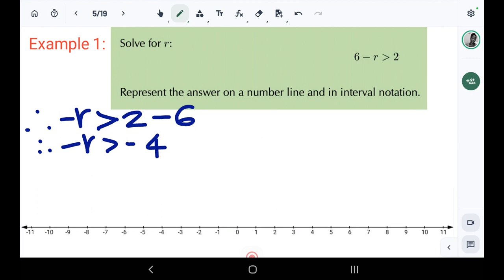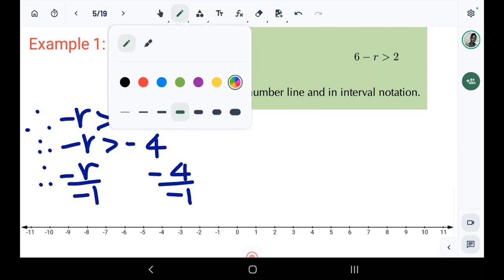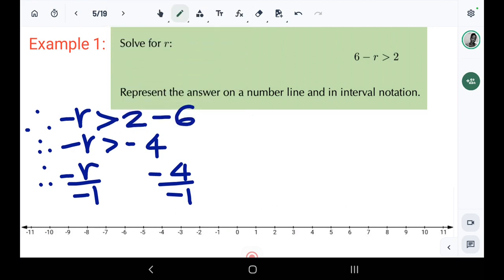All right. Now you have a situation where you have a -R and you're looking for a positive R. So what you do is you divide both sides by -1. You divide -R by -1 and you divide -4 by -1. But notice something here. Now that you are dividing by a negative number, your inequality sign changes direction. So instead of greater than, it will have to be less than now.